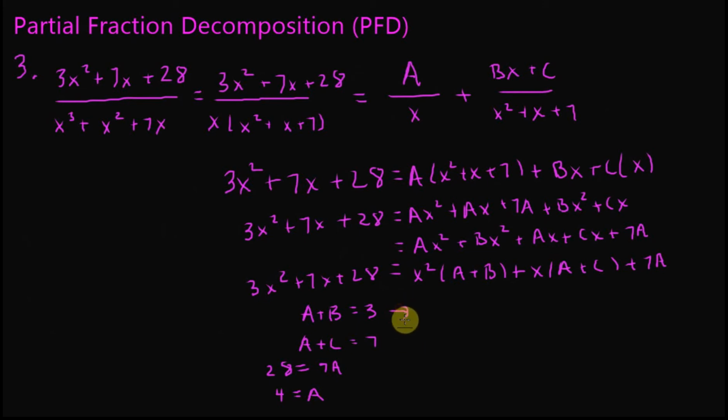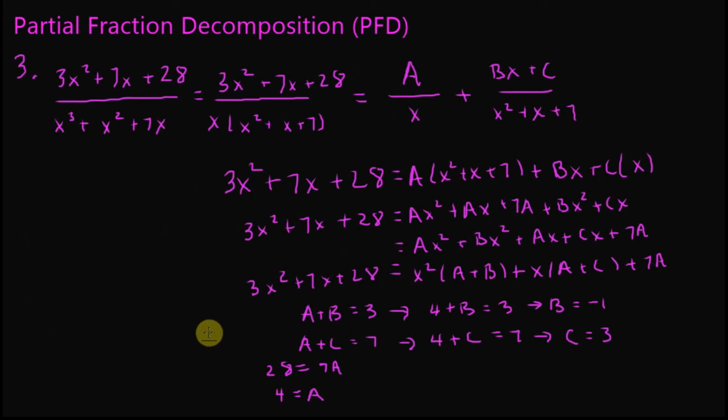Now that we know a is equal to 4, we have 4 plus b is equal to 3, and 4 plus c is equal to 7. Solving for b and c here gives you b is equal to -1, and c is equal to 3.